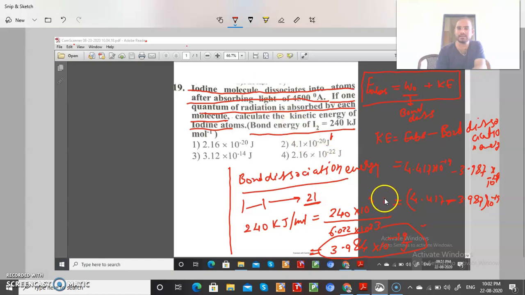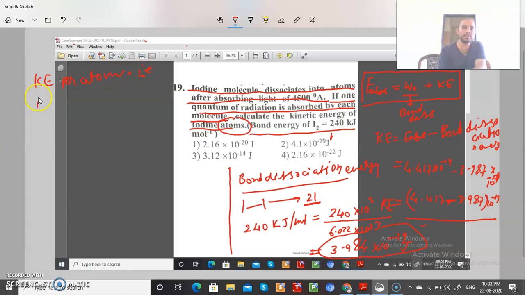They are asking for the kinetic energy per atom of iodine atoms, so in one molecule this much kinetic energy is coming. We need the kinetic energy per atom.